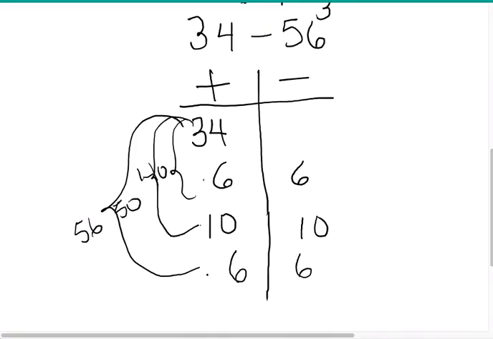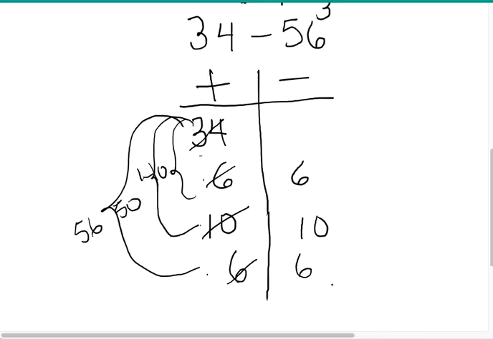Again, these intervals are student friendly because students can choose what jumps they'd like to do. So that means I have now taken away my 56 because I have 34, 40, 50, and 6 taken away.